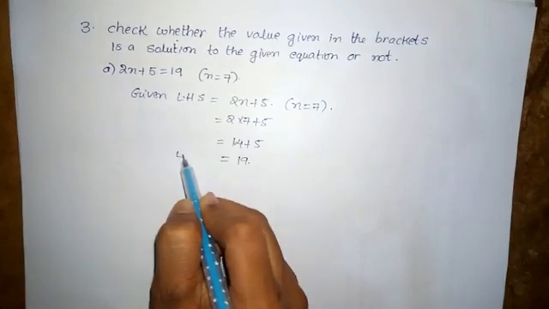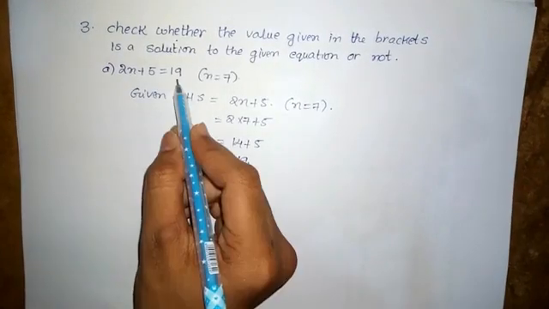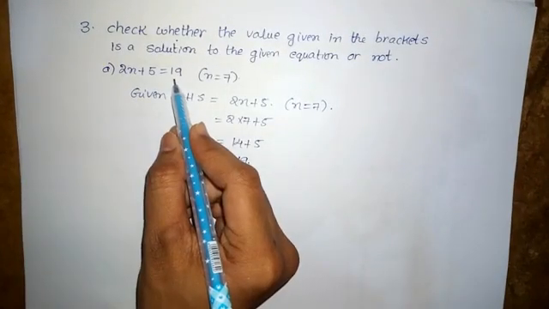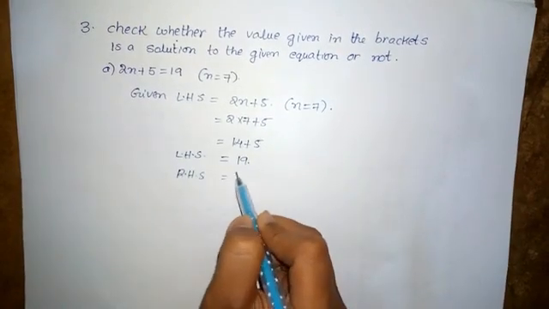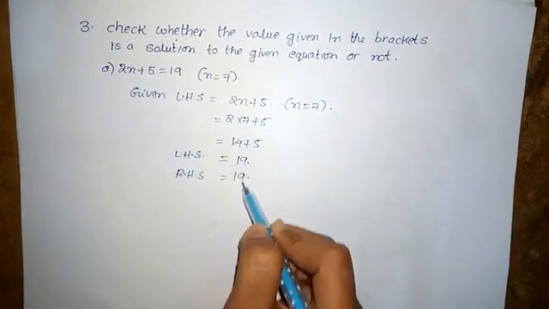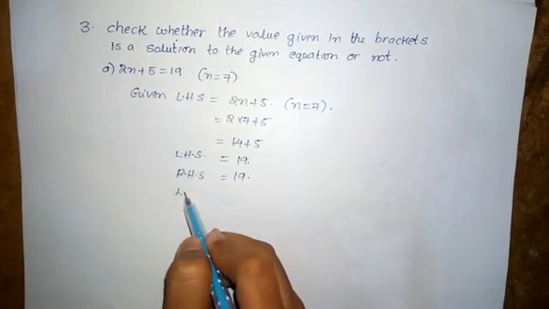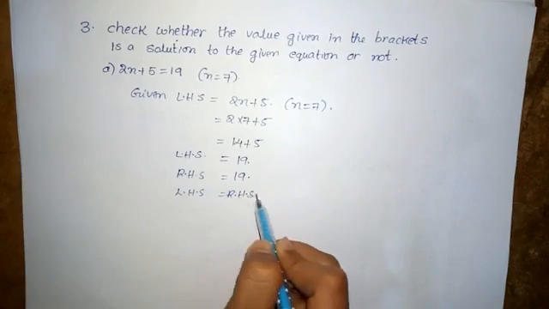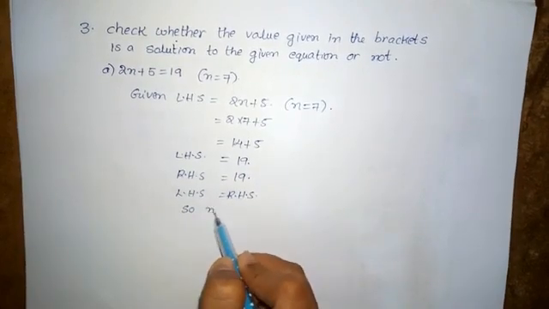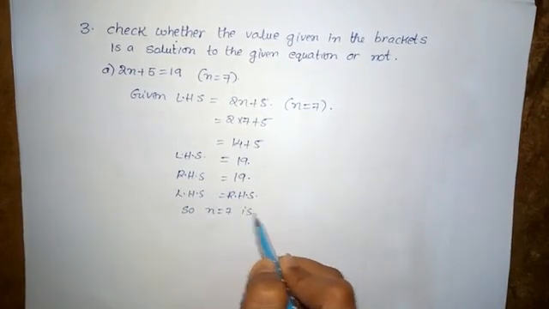So the LHS value is equal to 19. In the problem, the RHS is given as 19. So the RHS is also equal to 19. Observe both LHS and RHS are equal. So LHS is equal to RHS. So n equal to 7 is a solution.